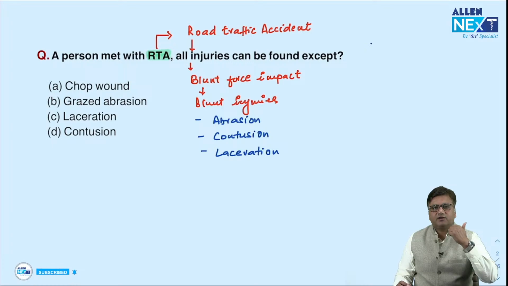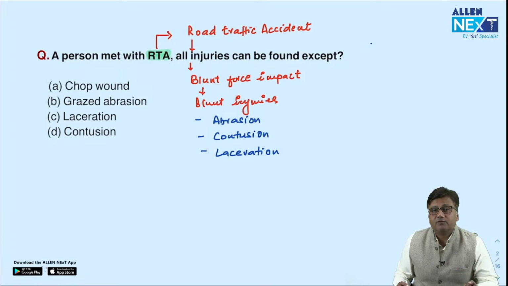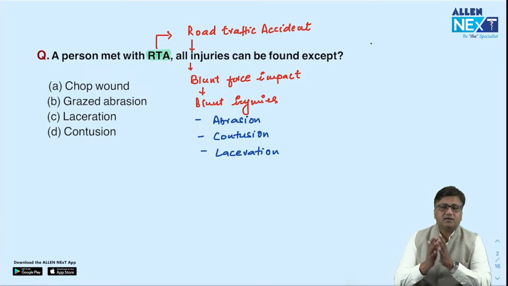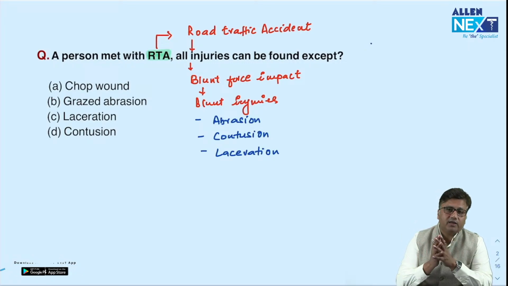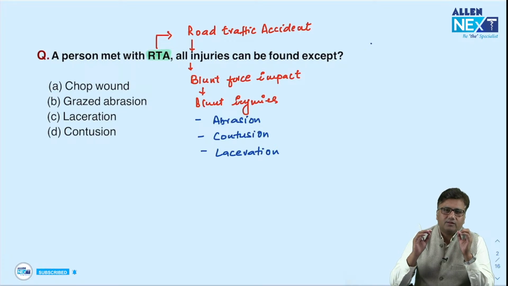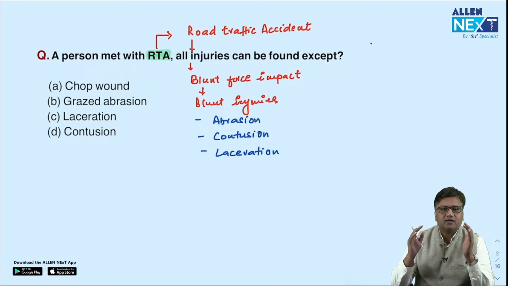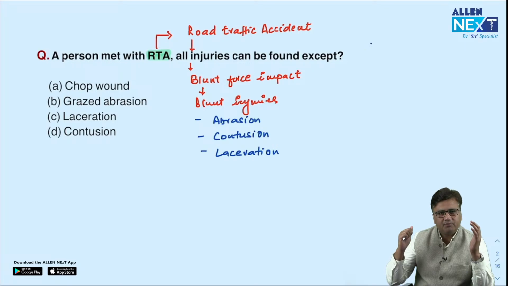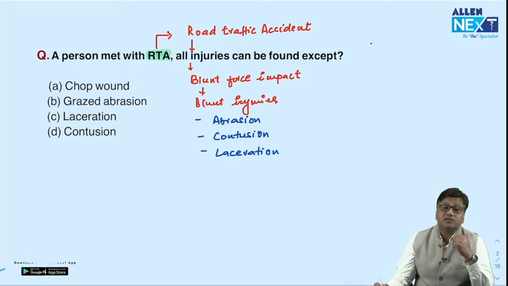So we have abrasions, we have contusions, we have lacerations when we talk about road traffic accident and blunt force impacting the body. In continuation, when we say road traffic accident and a classical scenario of somebody being hit by a vehicle, what kind of injuries do we talk about?